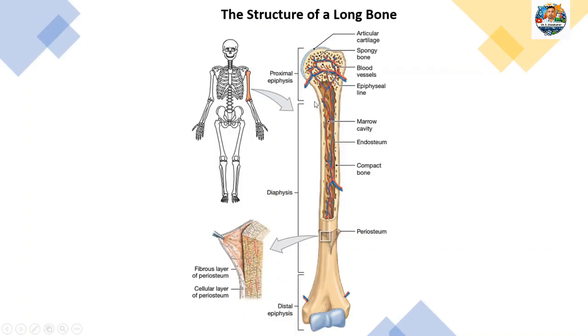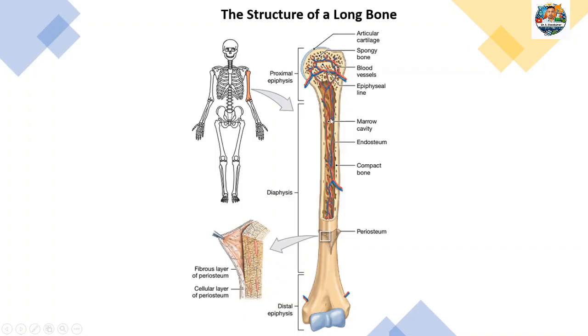So this is the proximal epiphysis, and this is the distal epiphysis, and the portion between these 2 epiphyses is called diaphysis. And the bone is covered by a membranous layer called the periosteum, and the periosteum again consists of 2 layers: the outermost fibrous layer, and the second layer called the cellular layer. As the name indicates, the cells are present mainly in this cellular layer.